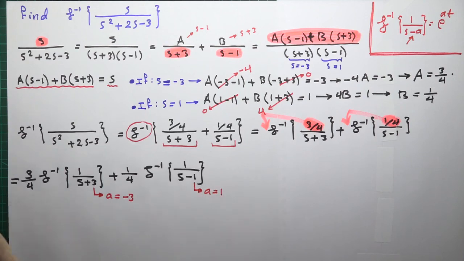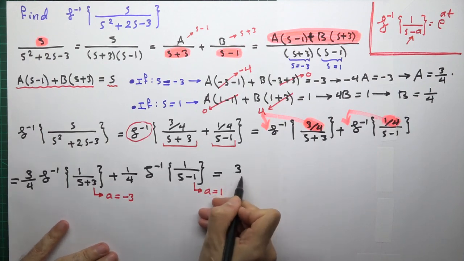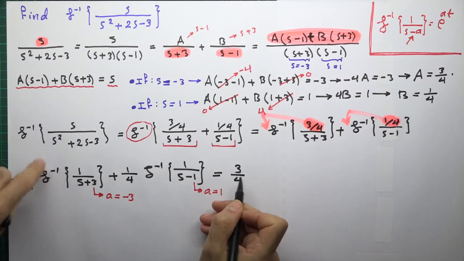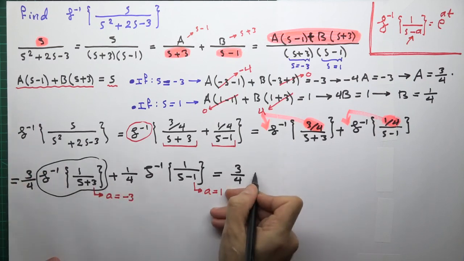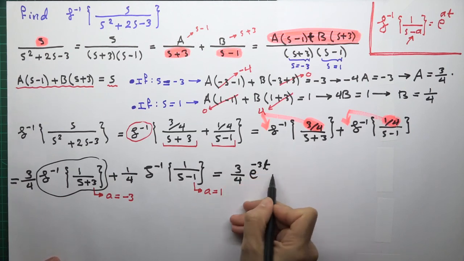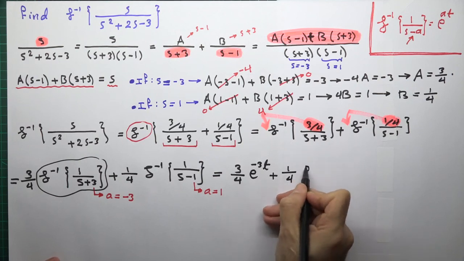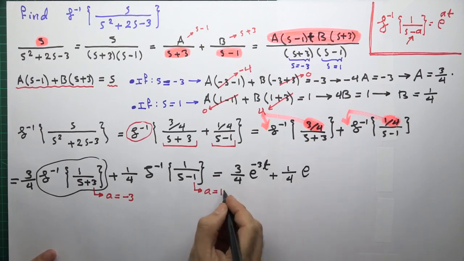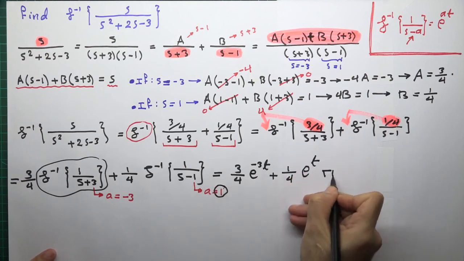The last step في هذا السوليوشن هي إنه نكتب 3 over 4 and the whole of this will be E to the minus 3t plus 1 over 4 E to the t. بس زي ما انتم شايفين A 1 times t it will be t.